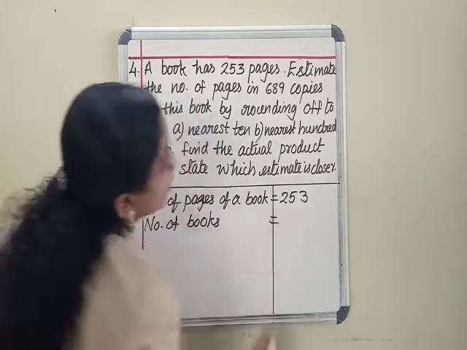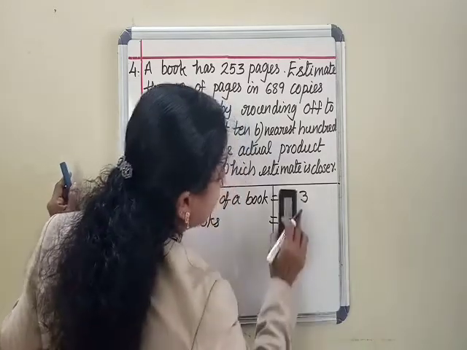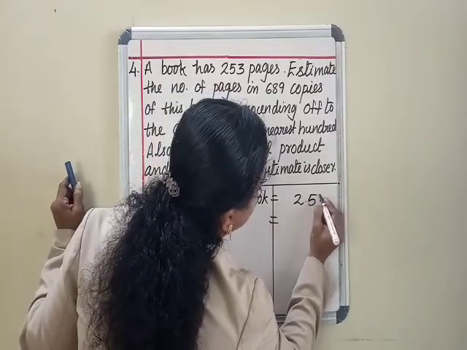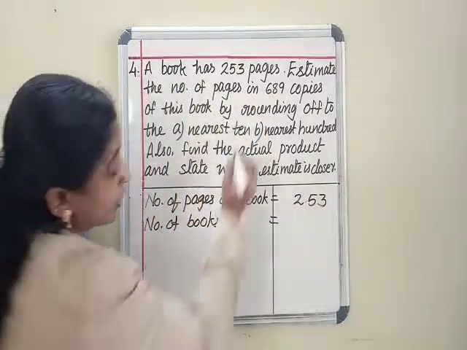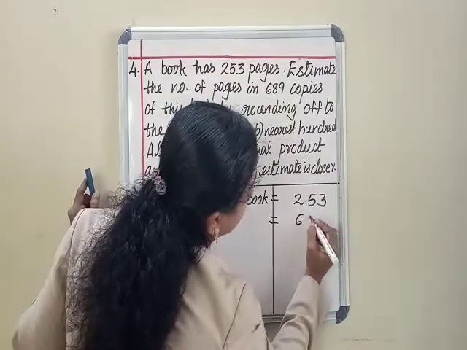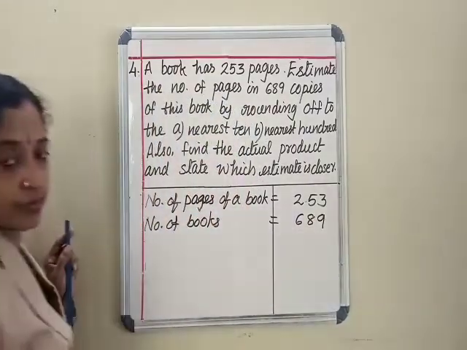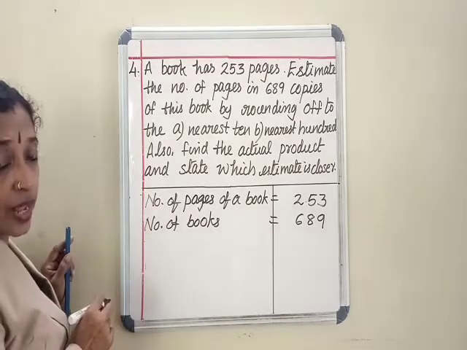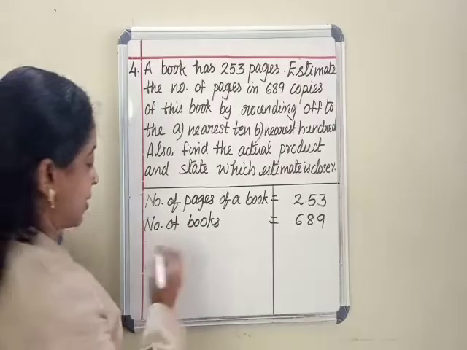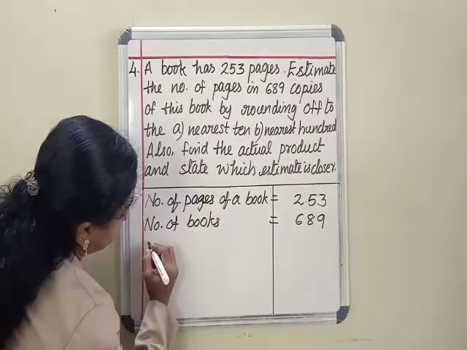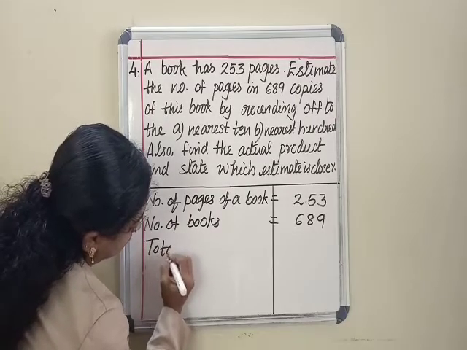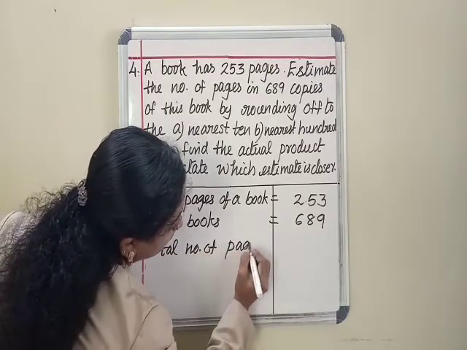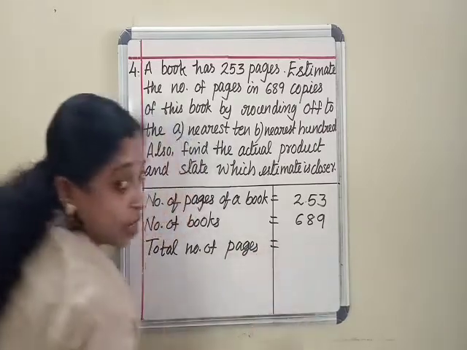What is the number of books? Here leave space and write, otherwise we can't multiply. 253. Number of books, 689. Now we can find what? Total number of pages. Actual total number of pages. Now we can multiply.